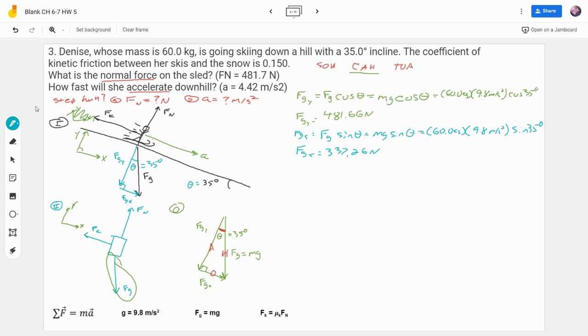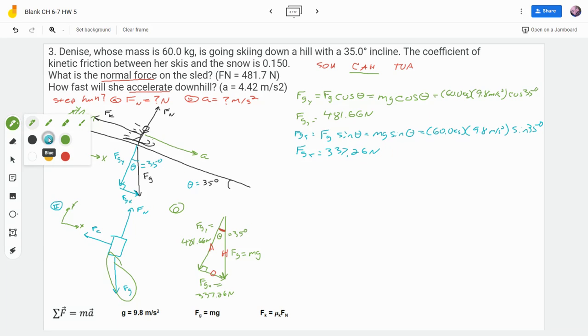All right, so what does that give us? F sub gy is really equal to 481.66 newtons. F sub gx is really equal to 337.26 newtons. So I have those values.